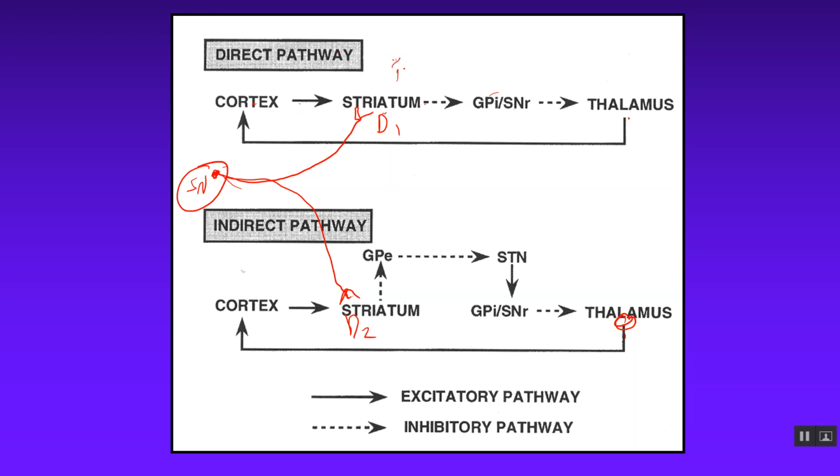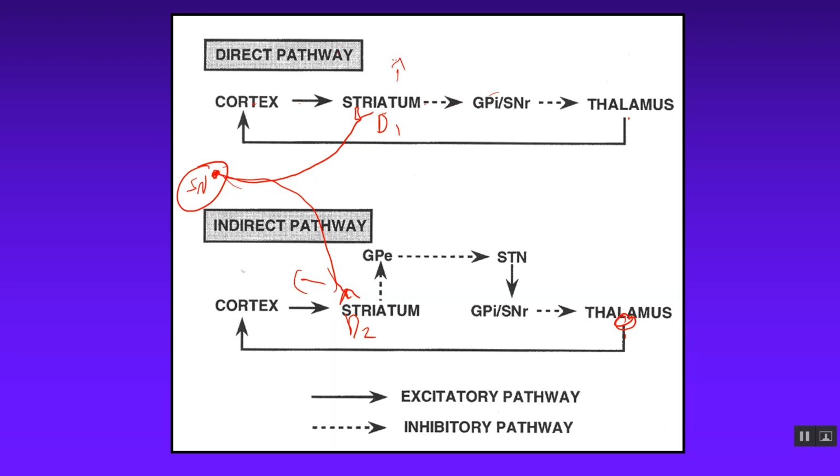It increases the activity of the direct pathway, makes the direct pathway have a stronger influence, and it inhibits the indirect pathway and makes the indirect pathway have less influence. So the net effect is now the direct pathway is a stronger influence than the indirect pathway, so you get a net increased motor output out of the thalamus back to the cortex. So dopamine inhibits the indirect pathway and excites or facilitates the direct pathway.